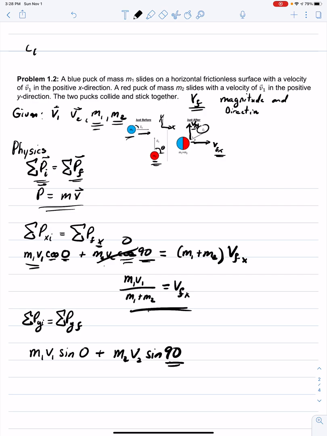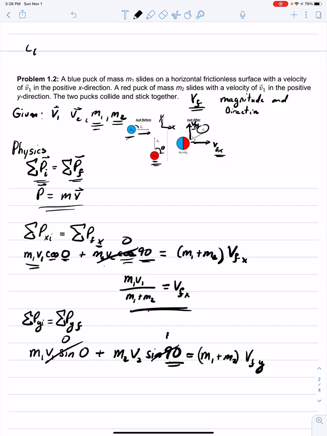But sine of 0 is 0, so that means that there's no momentum in the x direction, but there is definitely momentum in the y direction, and sine of 90 is 1. Now that we identify that, we go: mass 1 plus mass 2, velocity final y.